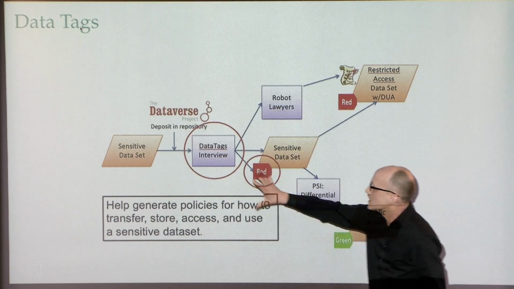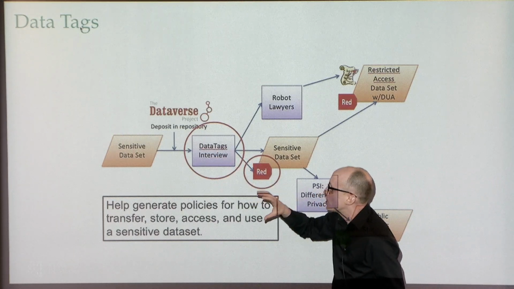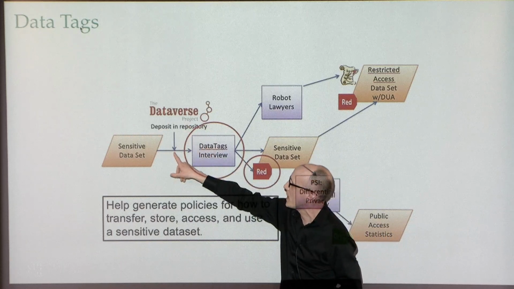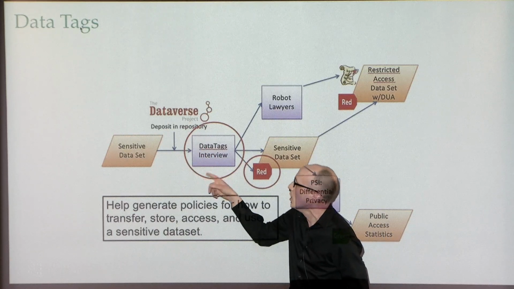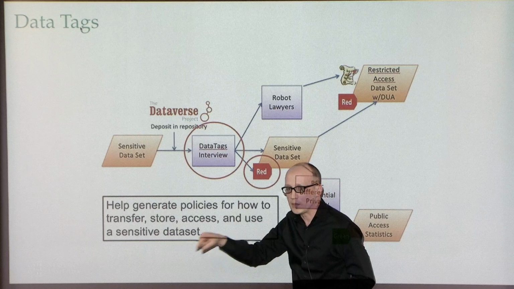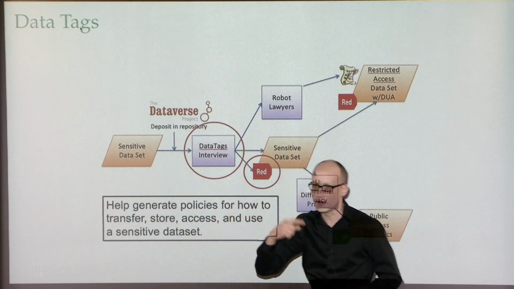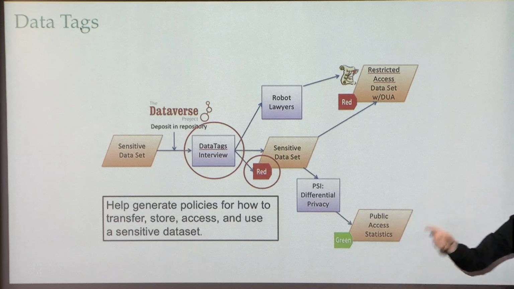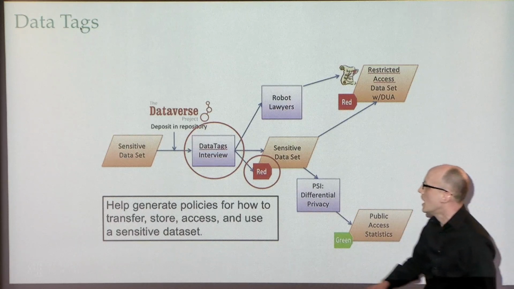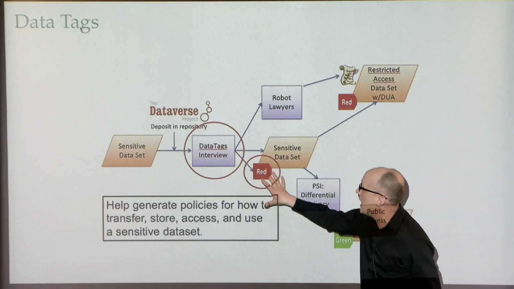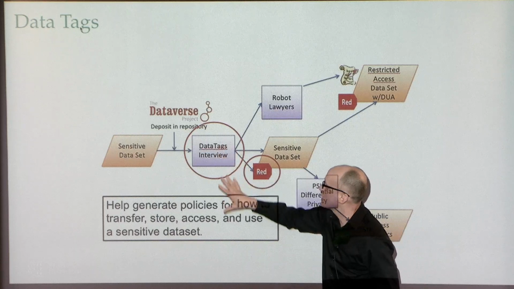So a tool system that is able to extract from the user, as they're depositing their data into this repository, what do you know about your data? What might be the possible sensitive topics here? What are your ethical obligations to your subjects? What kinds of data use agreements have you promised your subjects? Extract that and understand the level of sensitivity.